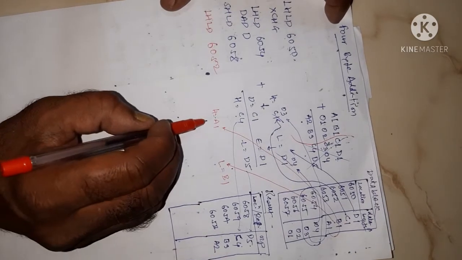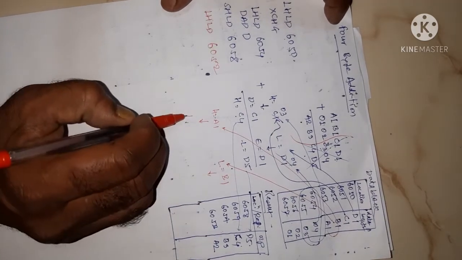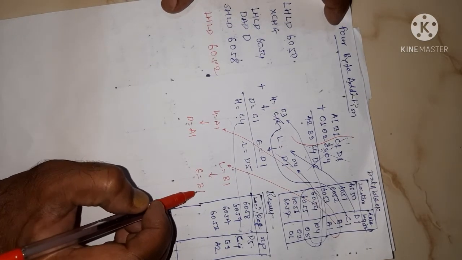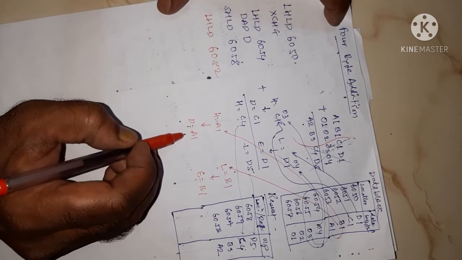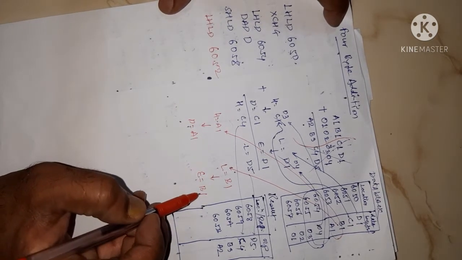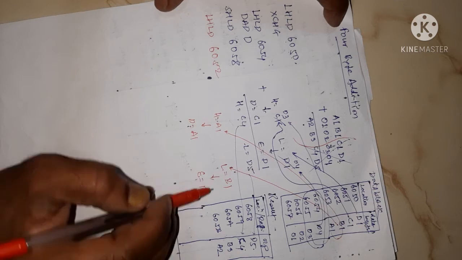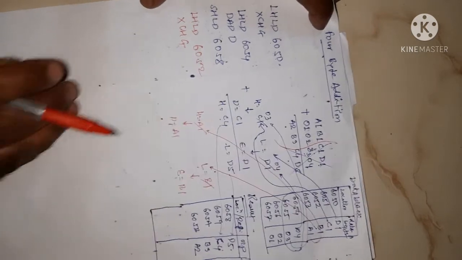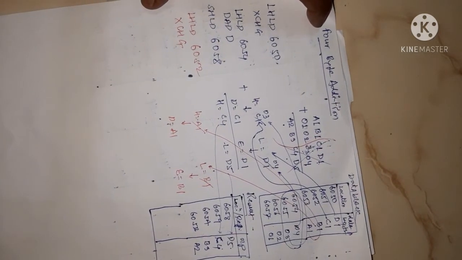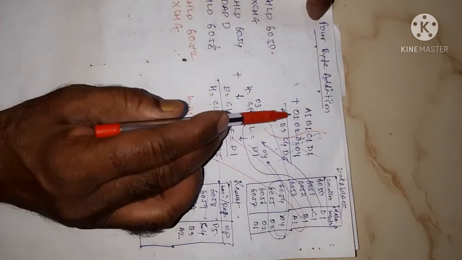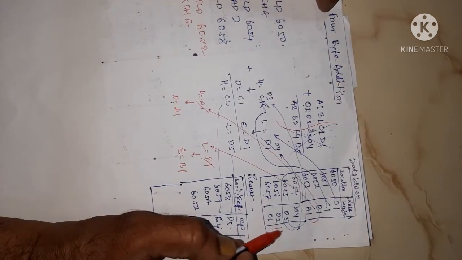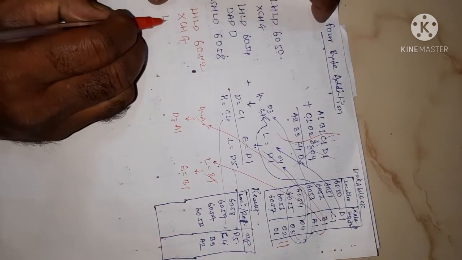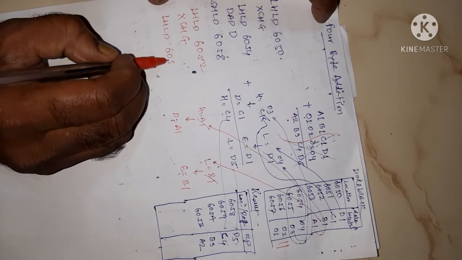After getting it in the HL pair, this can be shifted to the DE pair as it is: A1 can be shifted in D from H, and B1 can be shifted in E from L using the instruction XCHG. Now the HL pair is vacant, or empty, to take the content 0102 from the two locations 6056 and 6057, and that is by the instruction LHLD 6056.